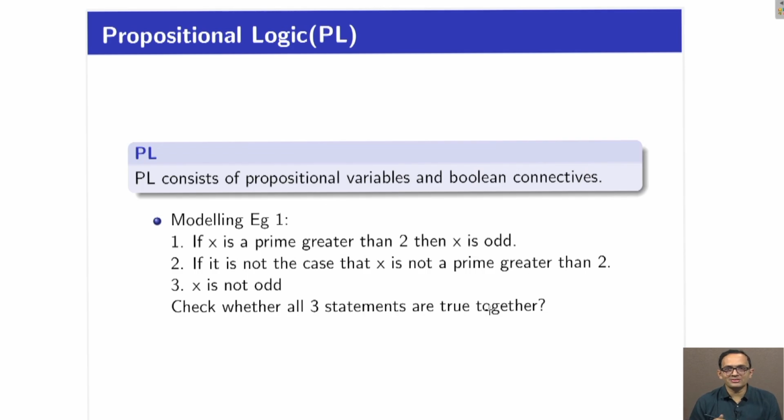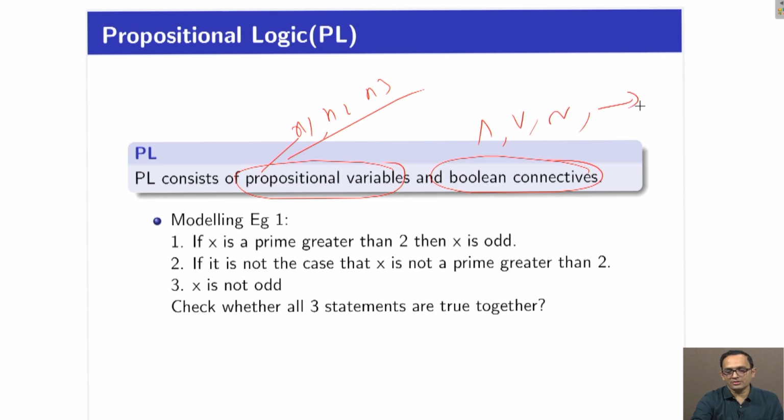Propositional logic is the simplest version of logic, in which you basically have a set of propositional variables, right, and you have Boolean connectives, right. So, you can have these x1, x2, x3 kind of Boolean variables, and the connectives can be and, or, not, implication, bi-implication and so on, right.